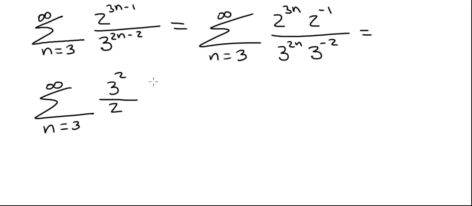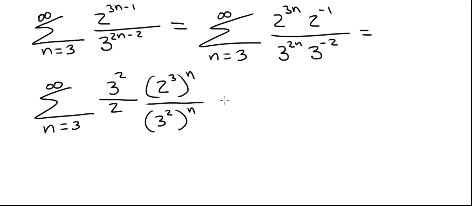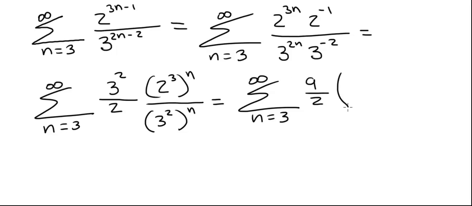And then 2 to the 3n we can write as 2 cubed to the n, divided by 3 squared to the n in the denominator. So let's write this in this form. From 3 to infinity we have 9 halves, and then 2 cubed is 8 divided by 3 squared, 9, to the n. So this is a recognizable series.